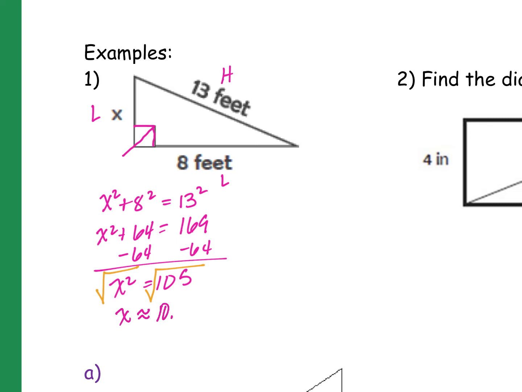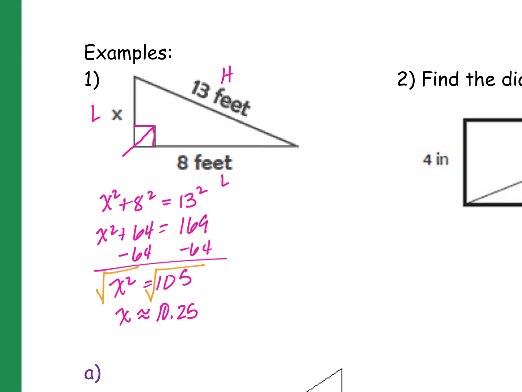So 10.25. We're just going to round it to 2 decimal places. Okay? Are there any questions on how that works?